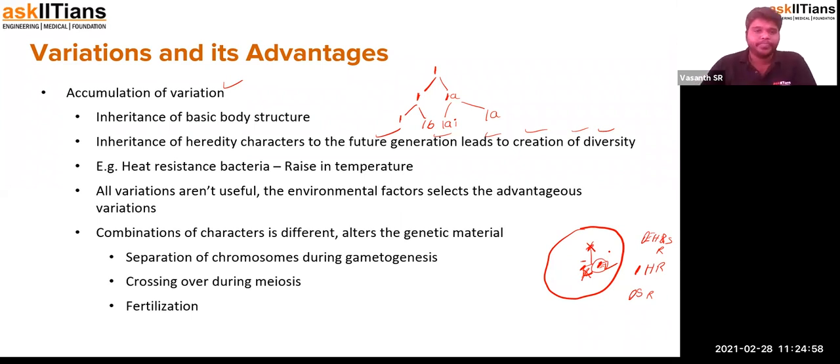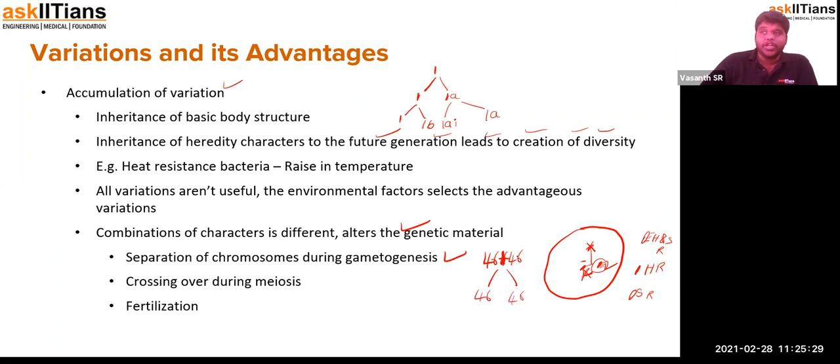So there are different combinations of characteristics that will alter the genetic material. There are different methods through which the genetic material combinations could be altered. One is gametogenesis. Gametogenesis is where 46 chromosomes will be duplicated, and then they'll undergo a process called crossing over.